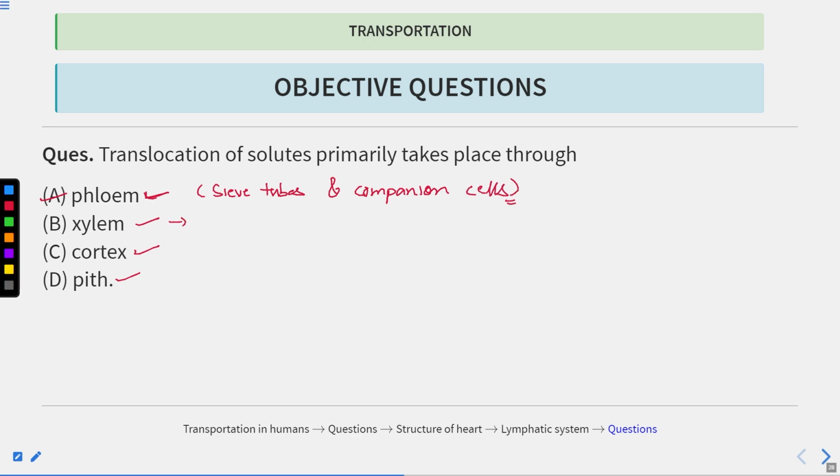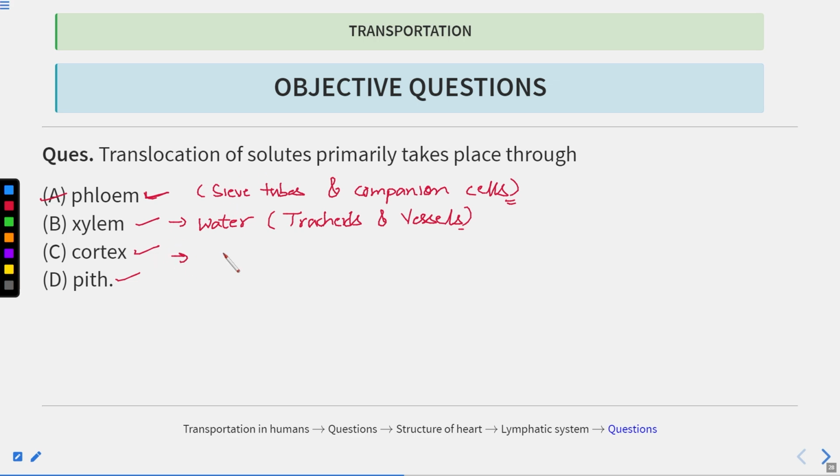Xylem is involved in the transportation of water. And xylem is again made up of tracheids, vessels, xylem fibers, and xylem parenchyma. Here tracheids and vessels are the main cells through which the majority of the water transport takes place.